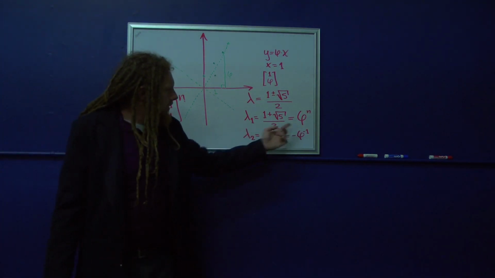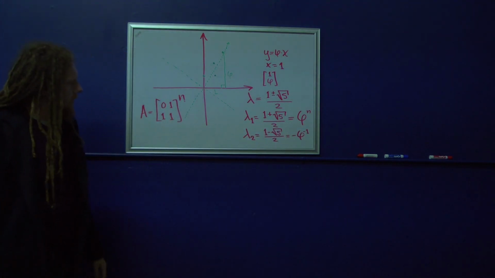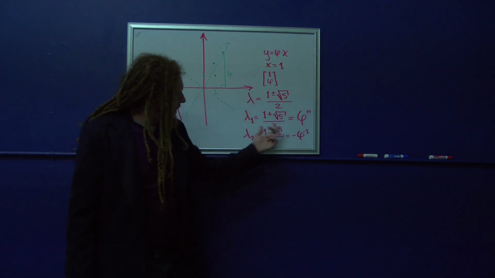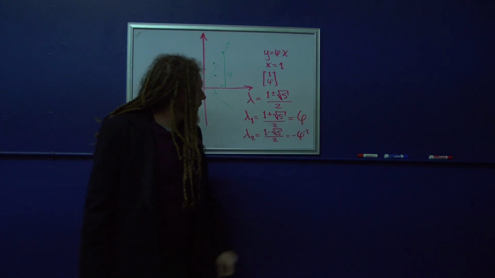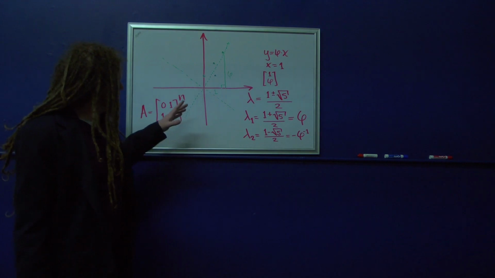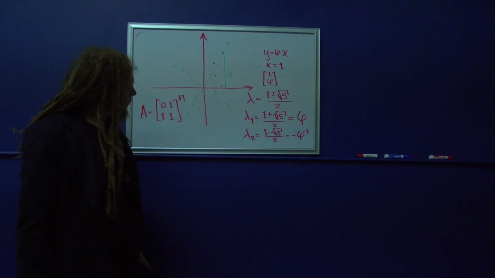Here, I have given you, because it's the solution to a quadratic equation, an exact value for phi, not phi to the n, but just phi. And so it is an algebraic number.